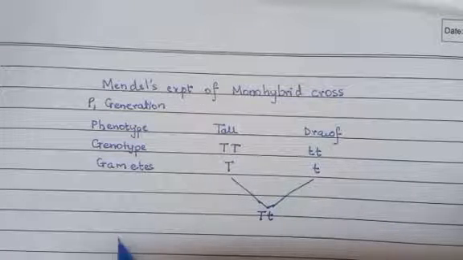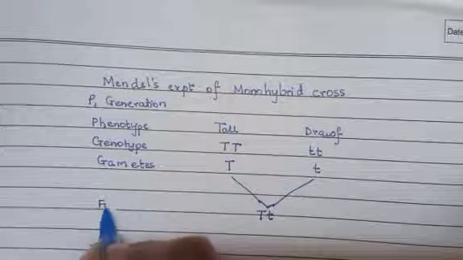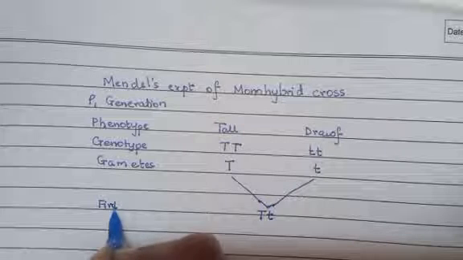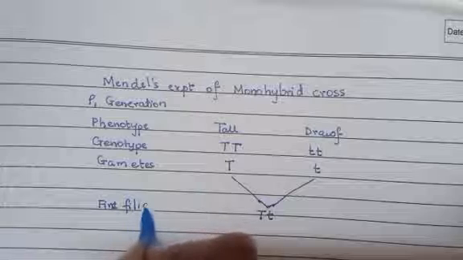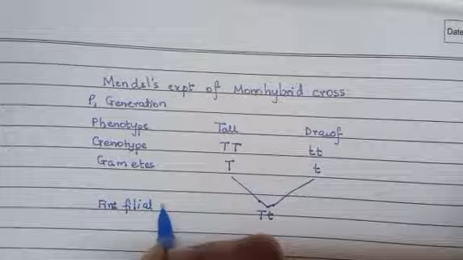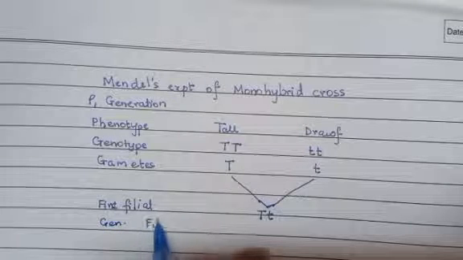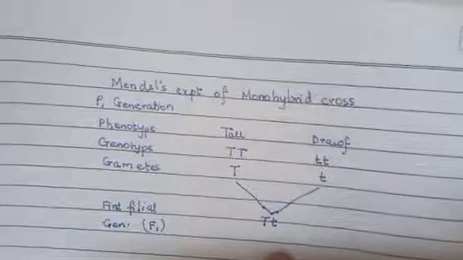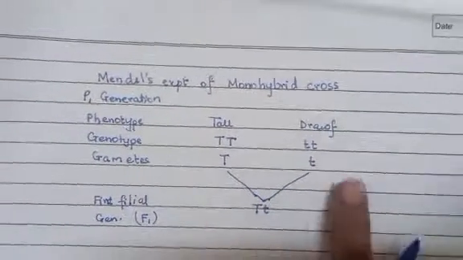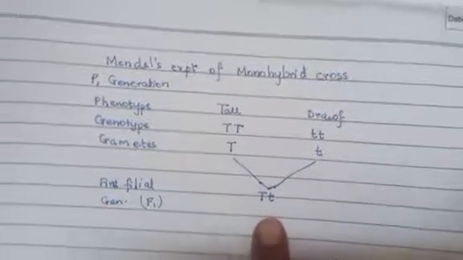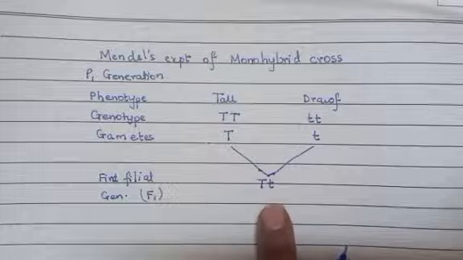This is the first filial generation, which is also called F1. So in F1, one gamete of the tall plant and one gamete of the dwarf plant combine to give a set of gametes which is T and t.